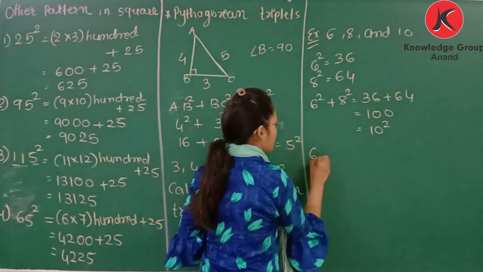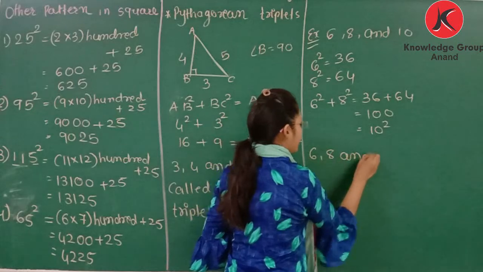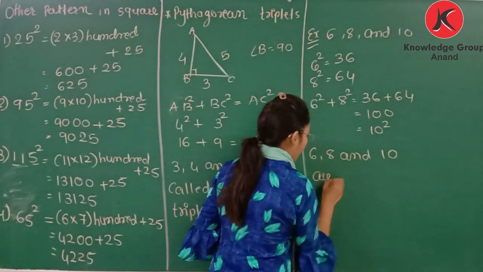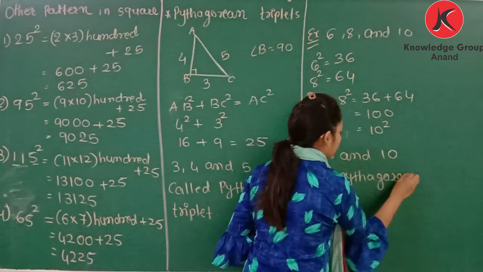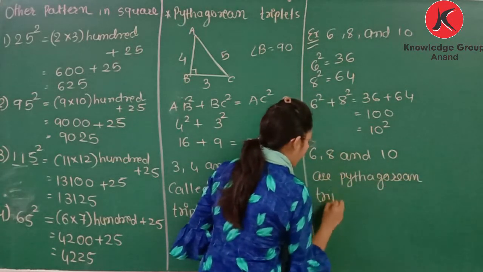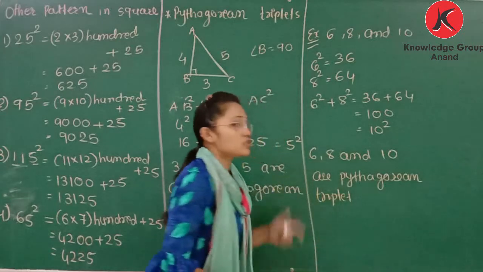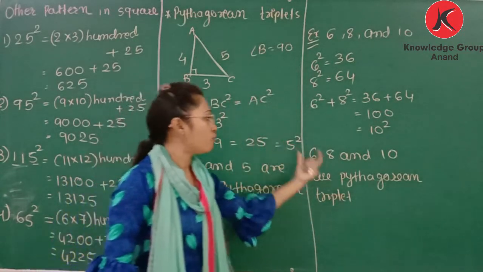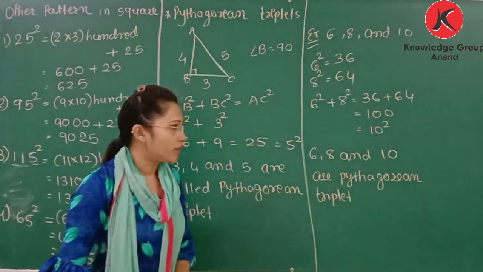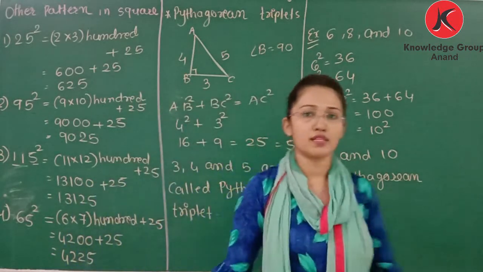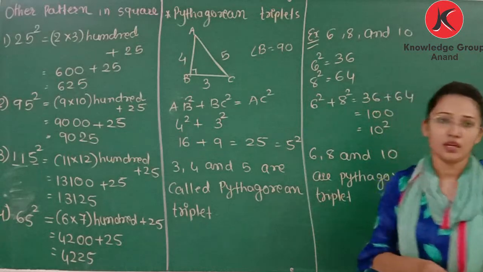That's why 6, 8 and 10 are Pythagorean triplet. Why? Because the sum of squares of the first two numbers is equal to the square of the third number. This way a question can be asked in the exam to find the Pythagorean triplet.